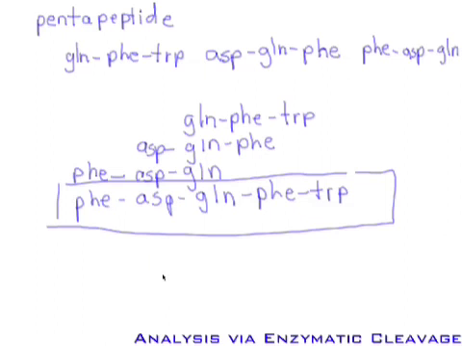Now there is also another technique which will allow us to, if you like, identify orders in these peptides. And that's utilizing specific enzymes which cleave amino acids in very specific ways. We can partially hydrolyze large peptides utilizing enzymes that cleave very specific amide linkages.